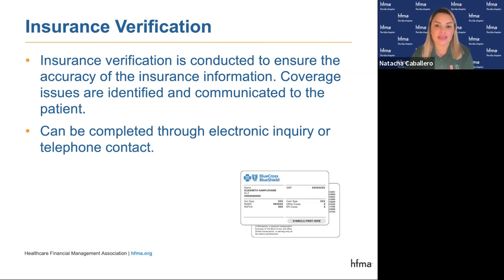And identifying the pre-authorization and pre-certification requirements based on the patient's plans, service, or location is key to avoid any back-end denials that may have a limited capability to be overturned.